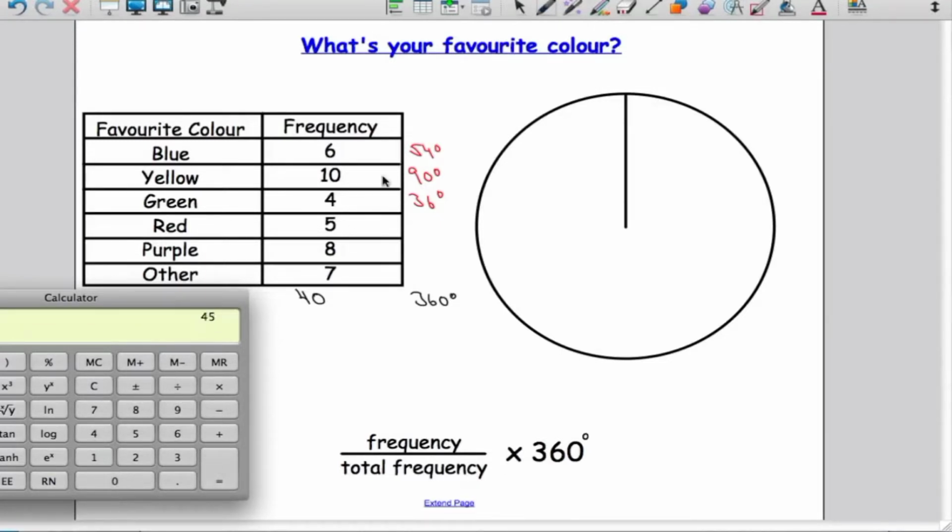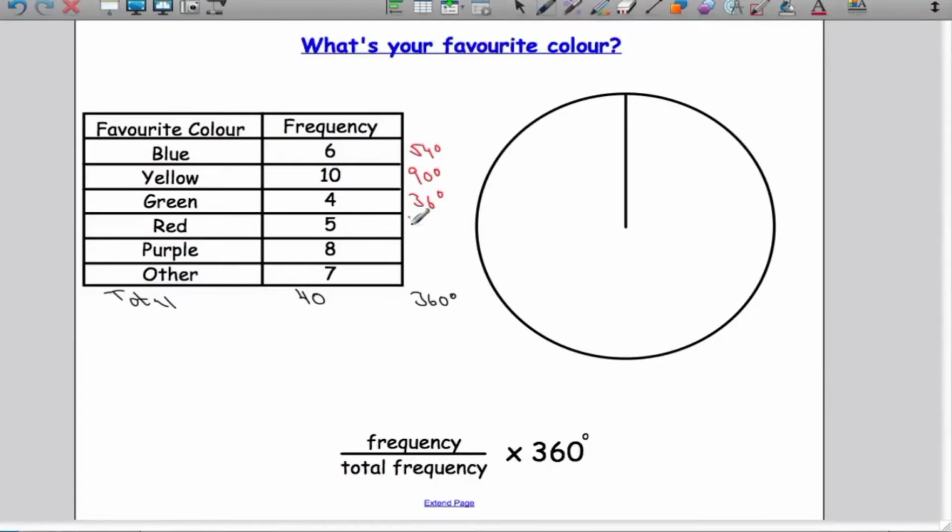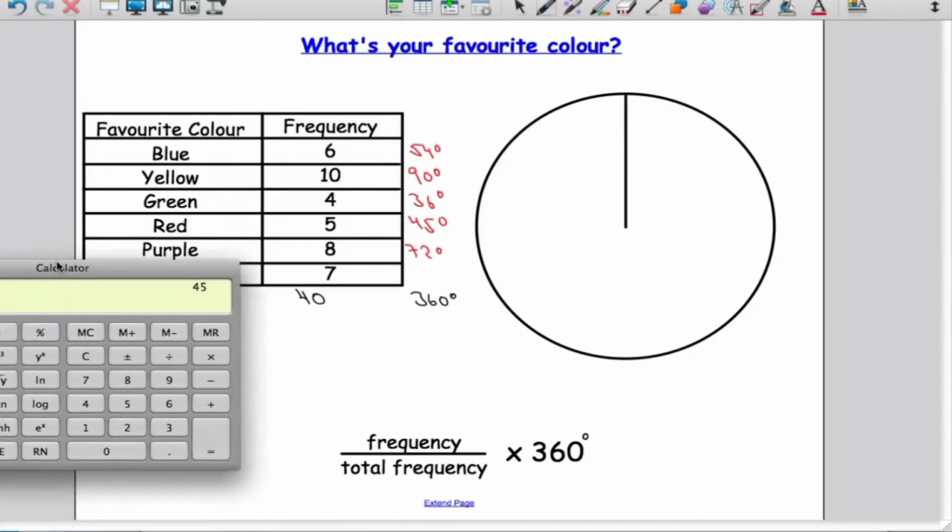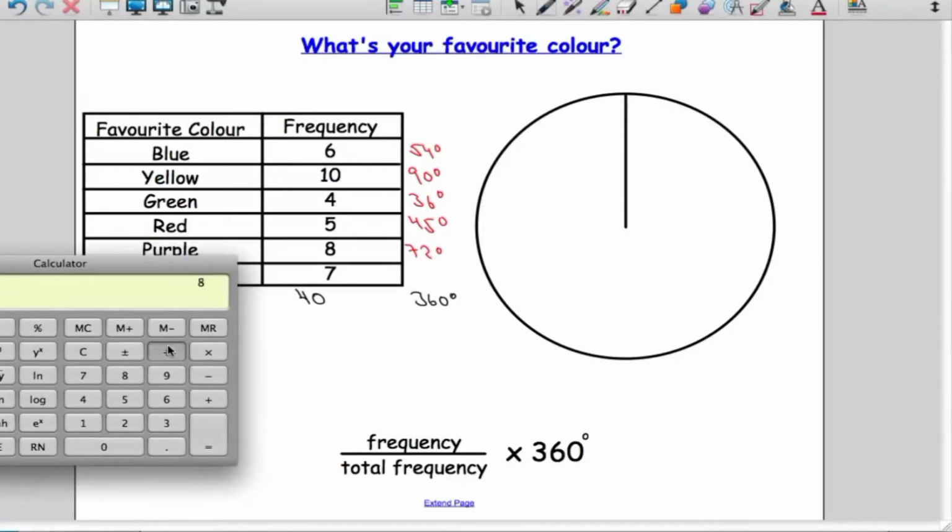Then red has 5. 5 divided by 40 times 360 gives us 45 degrees. Then we'll take purple. Here is 8 divided by the total frequency, which is 40, times 360. It gives us 72 degrees.